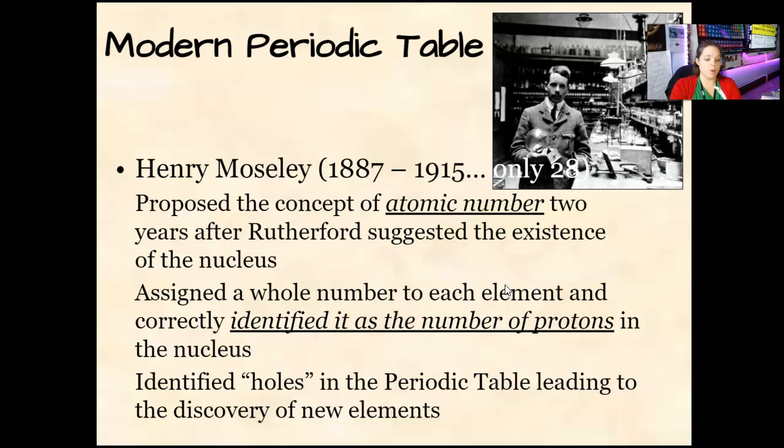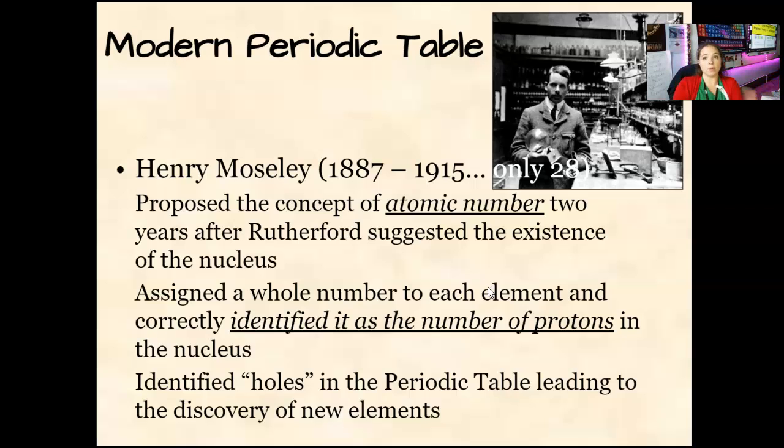That one was by Moseley. Henry Moseley, from 1887 to 1915, and he was only 28. He proposed the concept of the atomic number, 2 years after Rutherford suggested the existence of the nucleus. He assigned a whole number to each element and correctly identified it as the number of protons in the nucleus.